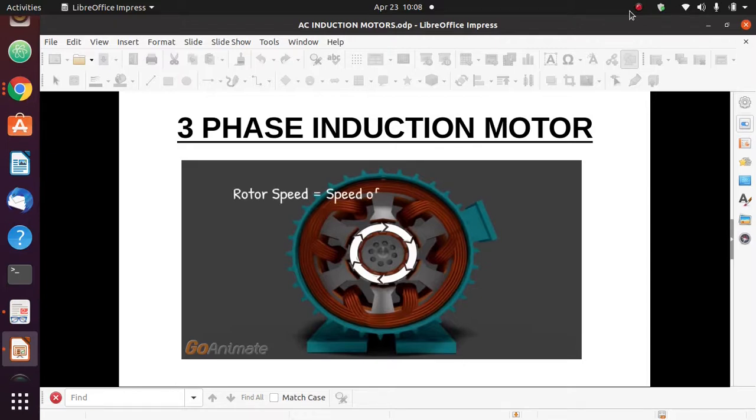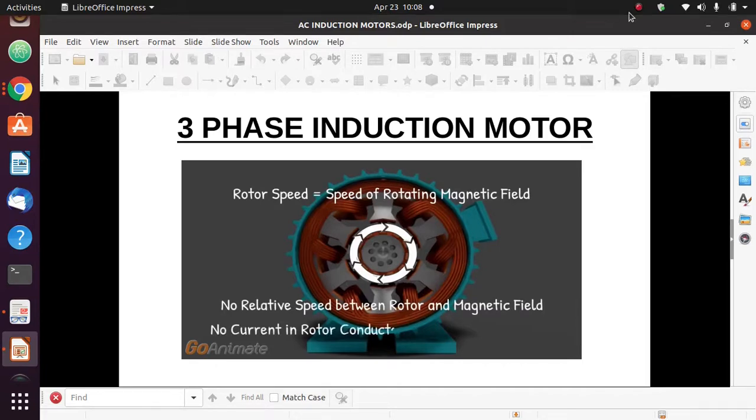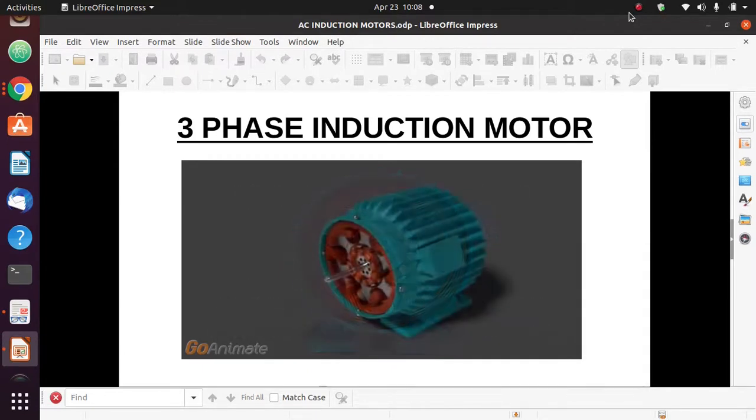Once the rotor achieves the speed of the rotating magnetic field, there will be no relative speed between the rotor and the rotating magnetic field. Hence, there will be no current induced in the rotor conductor. That means at that condition, no mechanical force acts on the rotor conductor. Hence, the rotor decelerates.